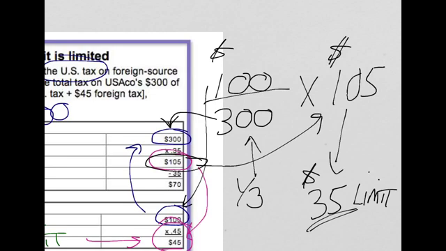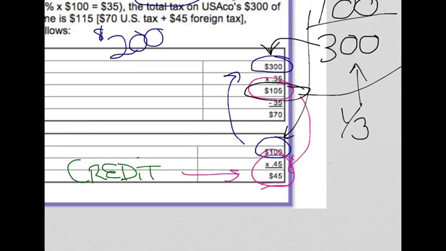And as a result, what happens is you still wind up, when the initial $100 of foreign income, paying at a rate of 45%, the highest rate between the two. Here in the United States example, it was 35, here it was 45. So the rate on the $100 of foreign source income is still going to be at the highest rate.